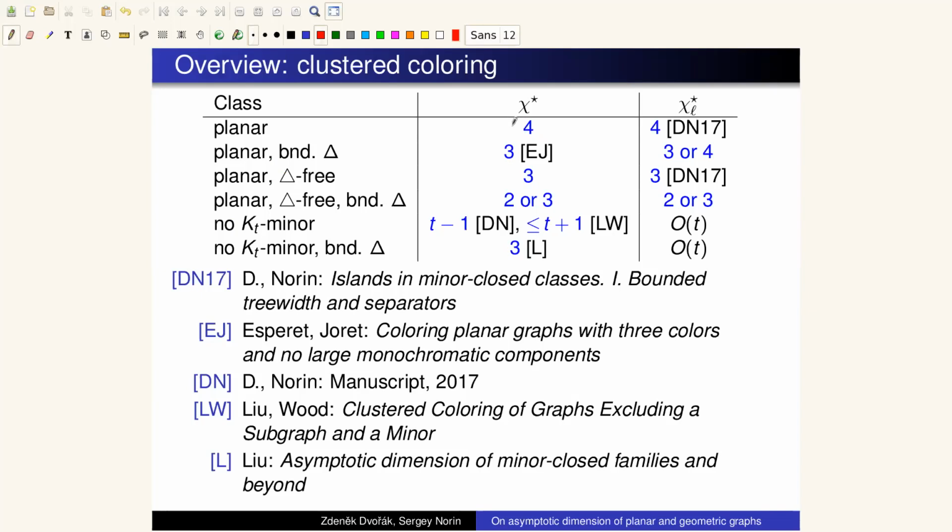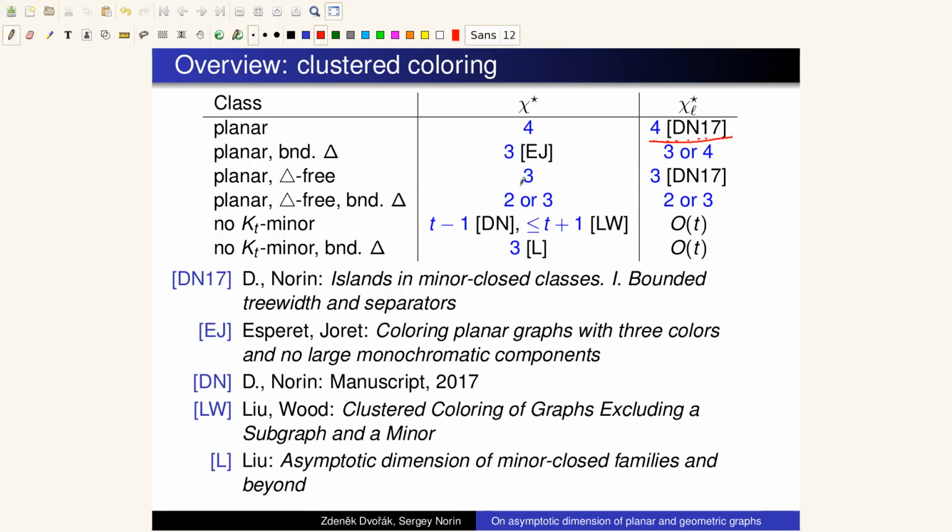There are planar graphs that require 4 colors. But you can do slightly better when you go to the list version. In the list version, there are planar graphs which have choosability 5, but all planar graphs have clustered choosability at most 4.